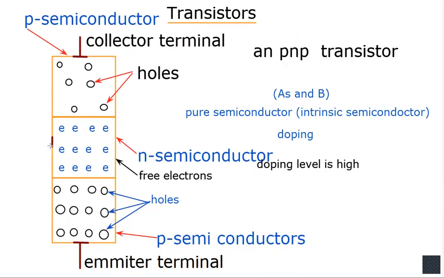What is the middle one? Everybody knows the name of the middle one. What's the name of the middle terminal? Base. That is known as the base terminal. Draw this figure now, dear.